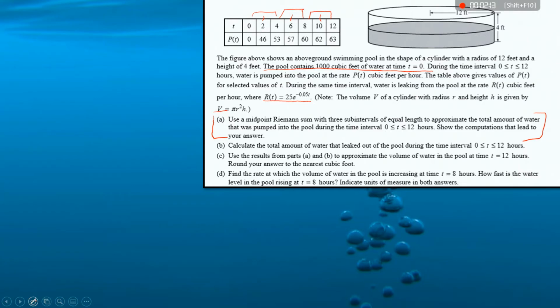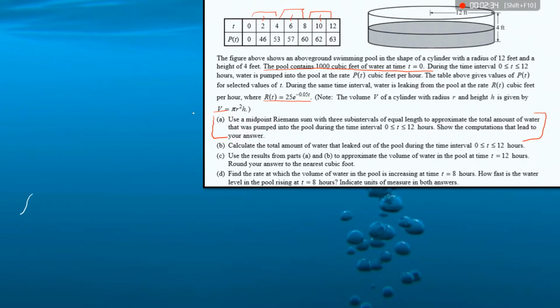Okay, so how can we set it up? P(2) times 4, and P(6) times 4 and P(10) times 4. Okay, I see what you're doing.